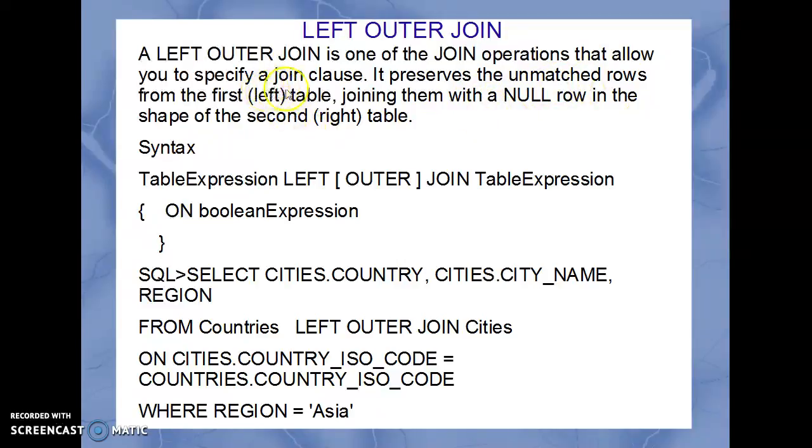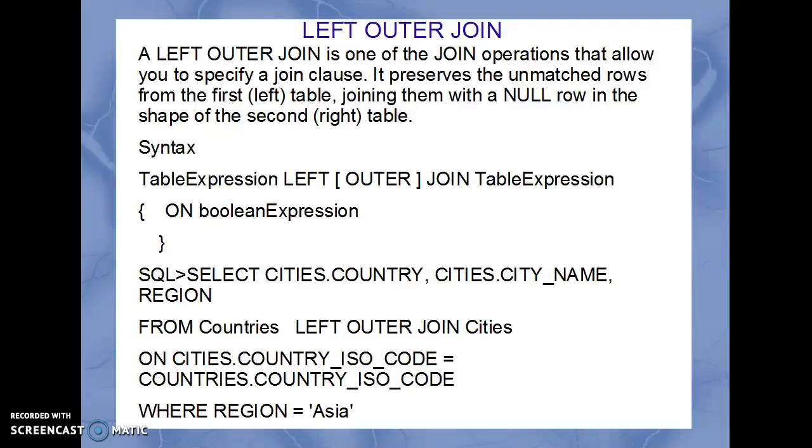The join is a clause, and it preserves the unmatched rows from the left table, joining them with null rows from the second, right table. That means the intersection of the left table and the null content of the right table for non-matching rows.